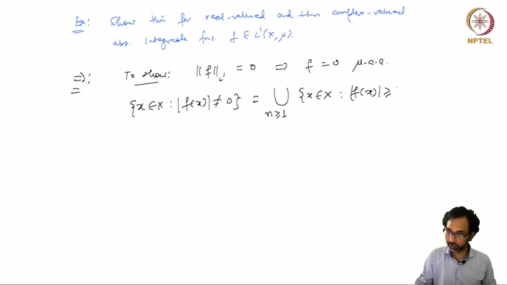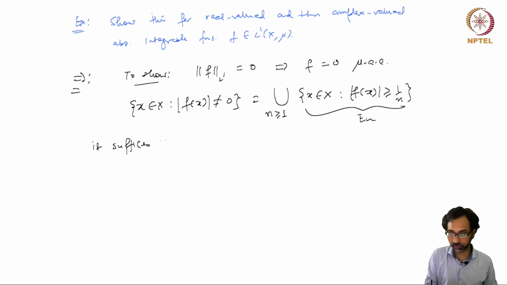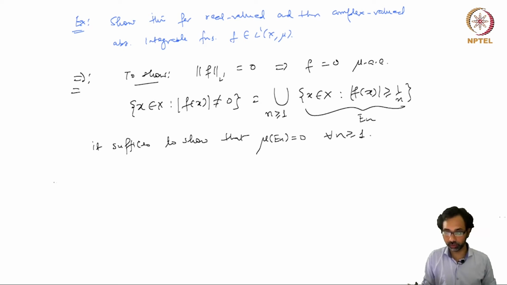So mod f is greater than or equal to 1 over n, and if we write these sets as En, it suffices to show that the measure of En equals 0 for all n greater than or equal to 1.